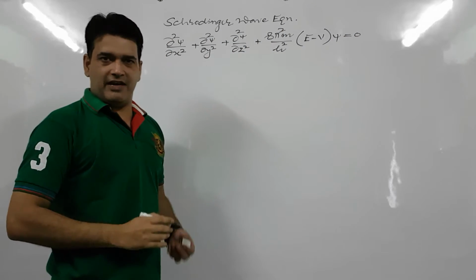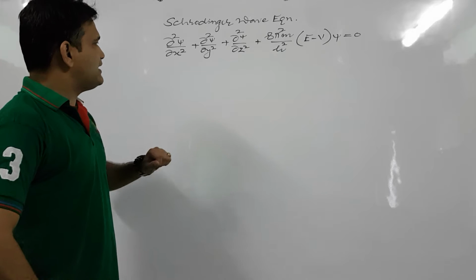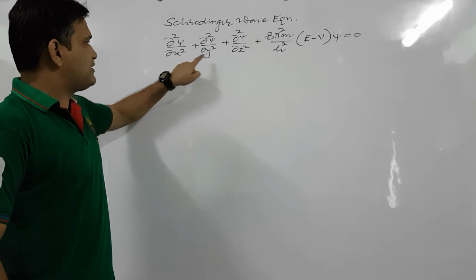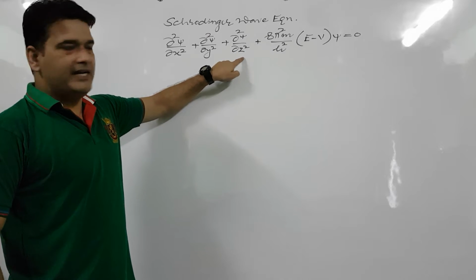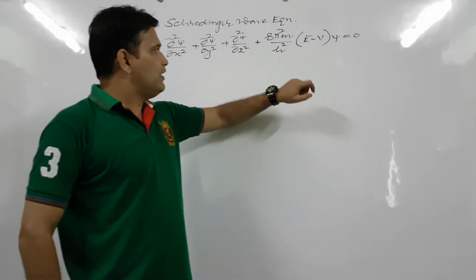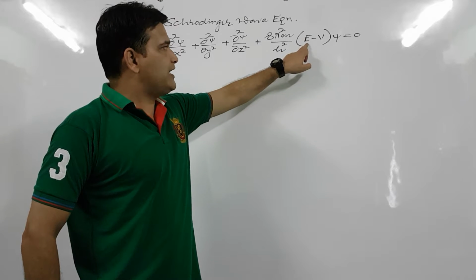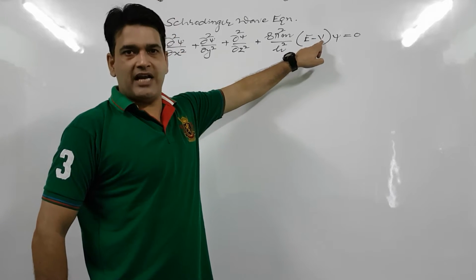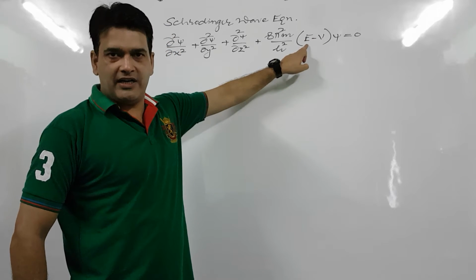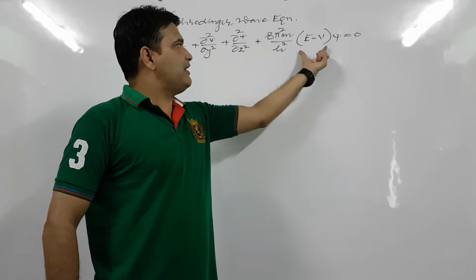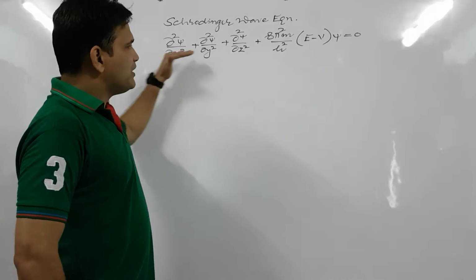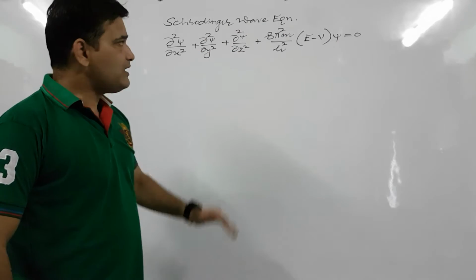This is the Schrödinger wave equation, and it is clear that wave function ψ depends upon x, y and z. Means wave function is a three-dimensional quantity. And now this is the total energy and this is the potential energy. When potential energy is subtracted from the total energy, then this will give the kinetic energy only. So this is the Schrödinger wave equation.